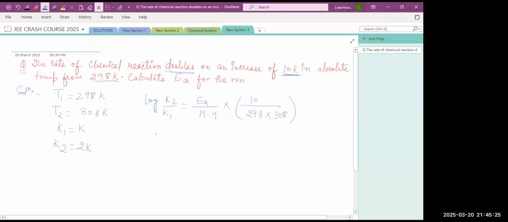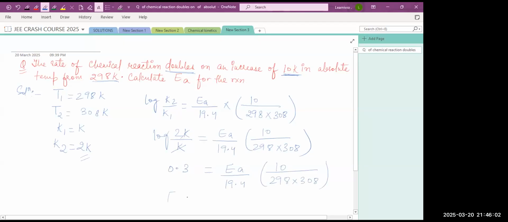Now substitute the values for K2 and K1: K2 is your 2K and K1 is your K. So 10 on 298 into 308. Now this cancels out, and log 2 is 0.3, so you will get Ea upon 19.14 into 10 over 298 into 308.